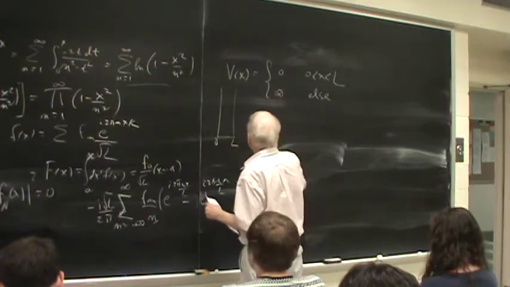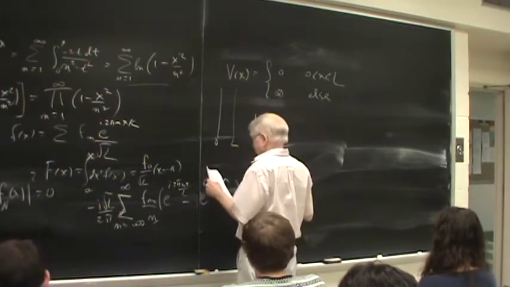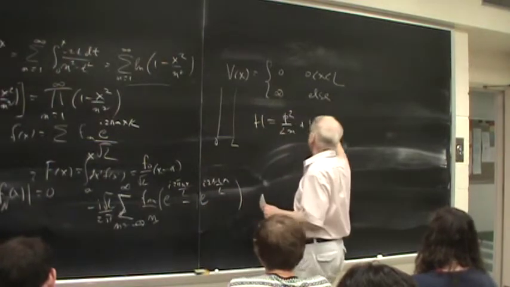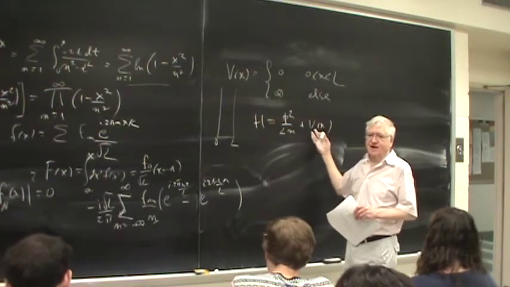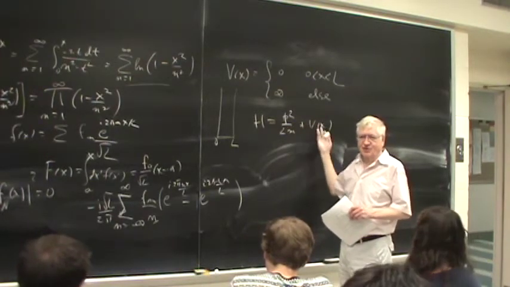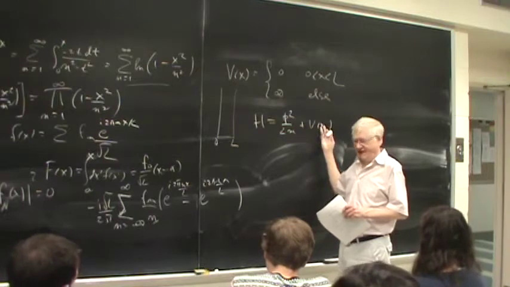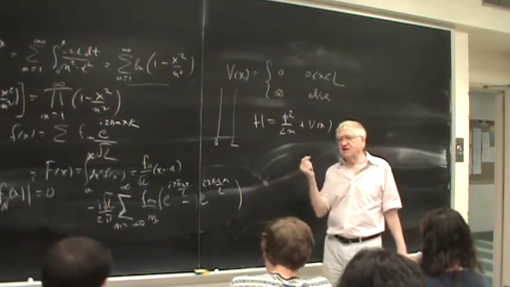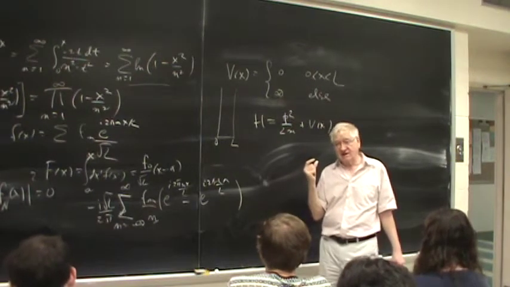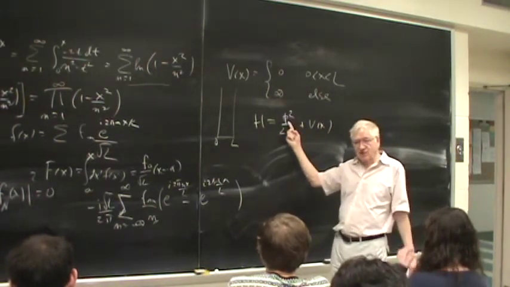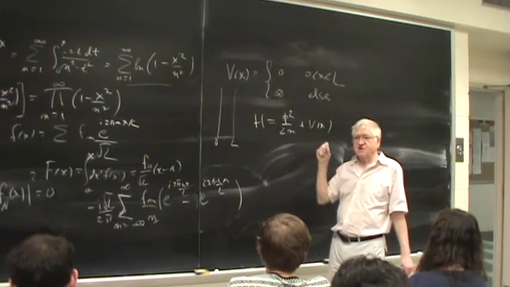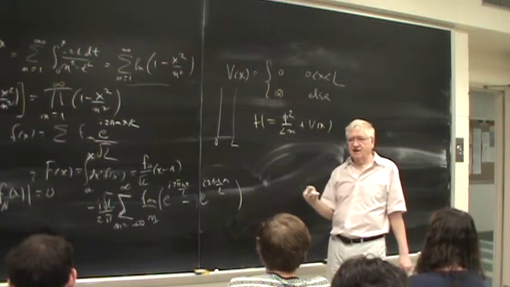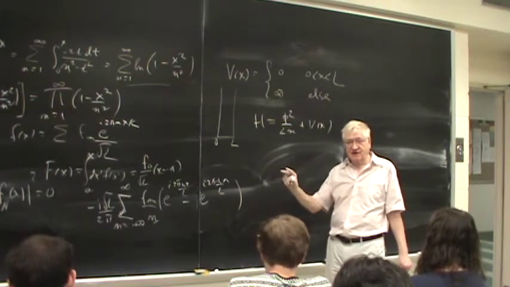All right, the Hamiltonian is p squared over 2m plus the potential. Okay, so undergraduates, this is what you know. Now, in quantum mechanics, here's the essential idea: the momentum operator is associated with translations in space. In other words, UPS, FedEx, that sort of thing.